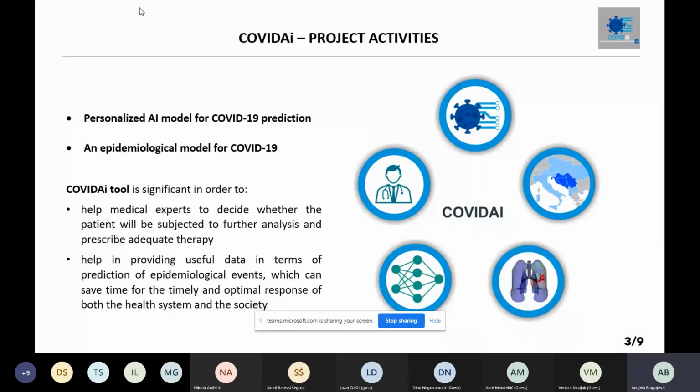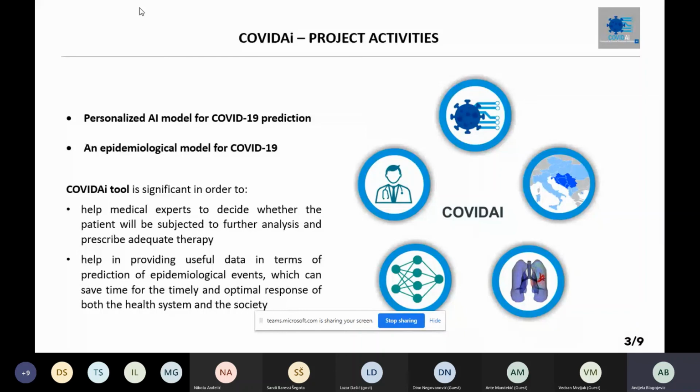It's important in order to help medical experts, clinicians, and doctors to decide whether the patient will be subjected to further analysis and prescribe therapy. For example, if our software classified one patient as low risk of mortality or mild clinical condition, we can be sure that that patient shouldn't stay in hospital or intensive care unit.